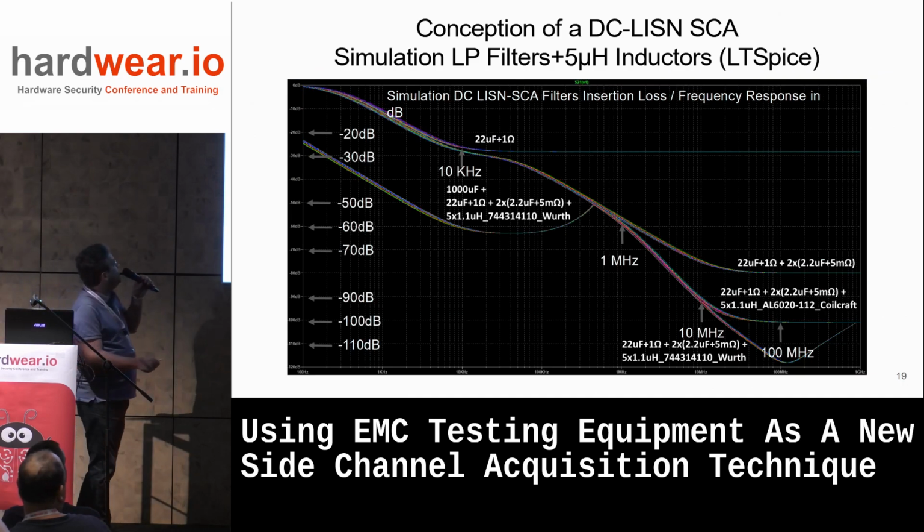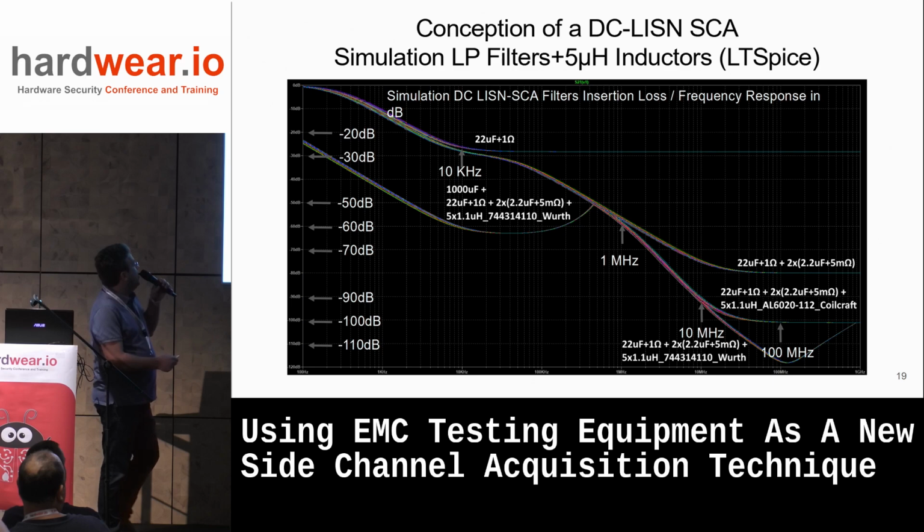So let's see the different effect on the low pass filter on the input. For example, if we just add a 22 microfarad capacitor, a very basic filter, we see about minus 30 decibel attenuation from 10 kilohertz, with this curve. So it's not very deep.